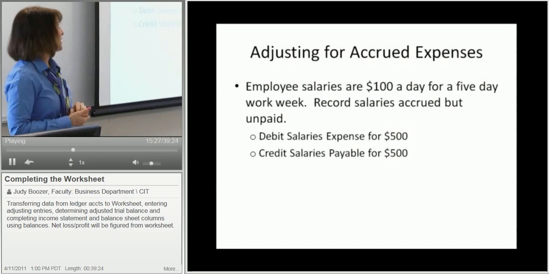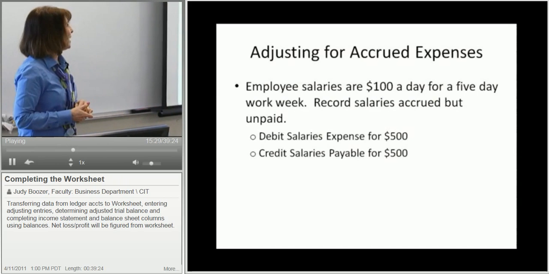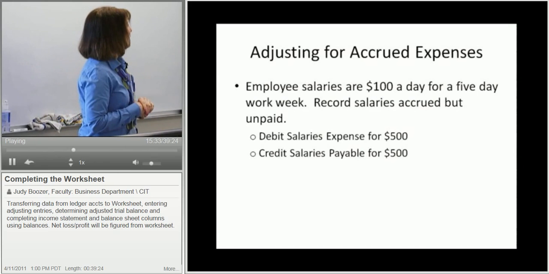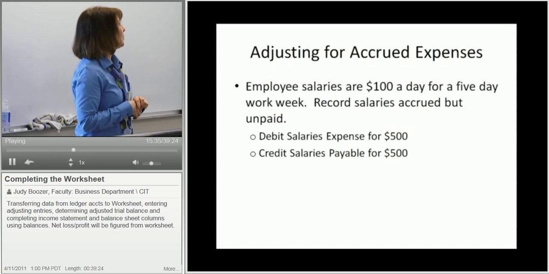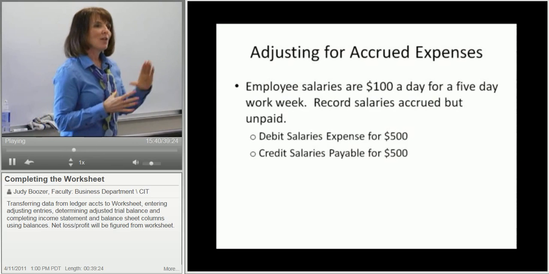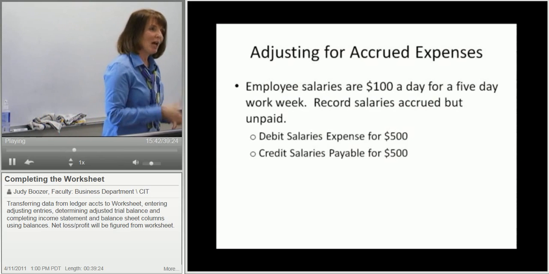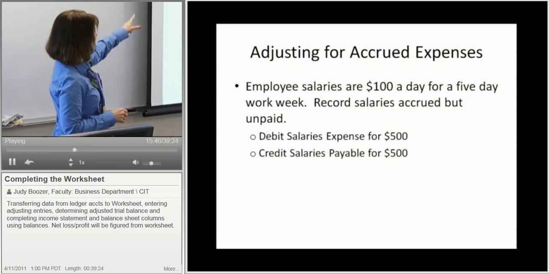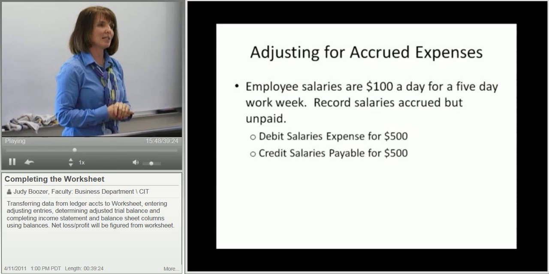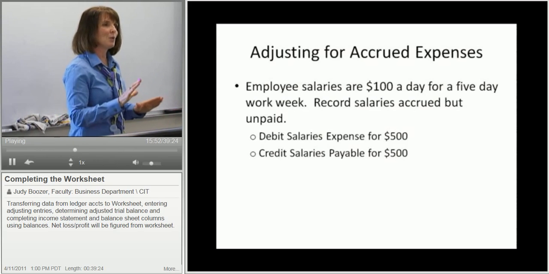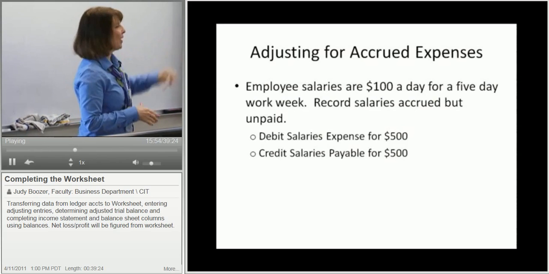So let's look at this example. Employee salaries are $100 a day for a 5-day work week. Record salaries accrued but unpaid. So there's been 5 days you've worked, but you haven't been paid yet. So to adjust that, we're going to debit salaries expense for 500, the 5 days we've worked. And we're going to credit what?